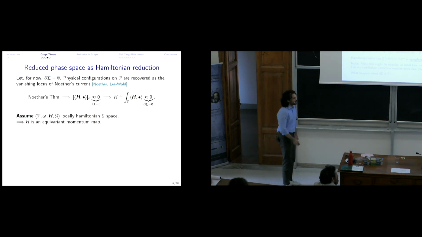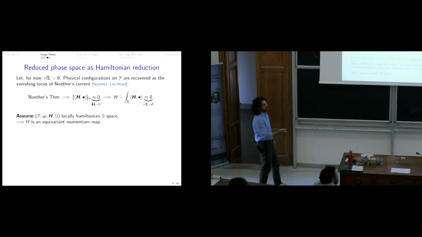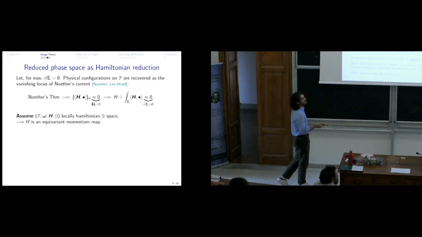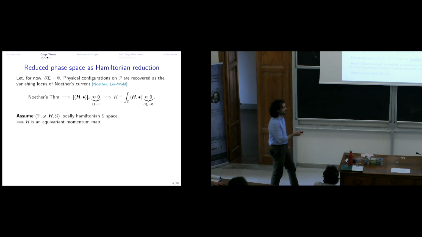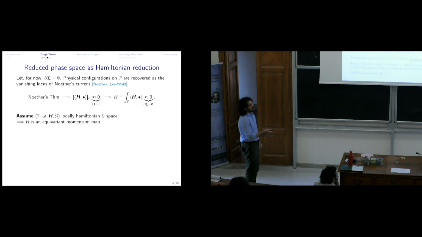But what we know from Noether's theorem is that on shell, so when you impose the equations of motion of your theory, the de Rham class of Noether's current vanishes. Which means if you integrate over a sigma that has no boundary, you get 0.